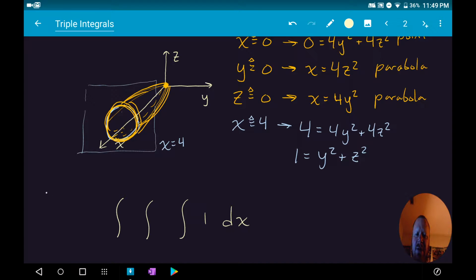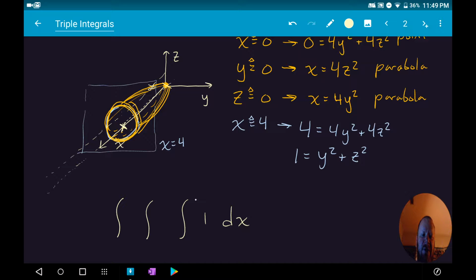And if I'm going through this from the positive x infinity, the first thing I hit is this plane, x equals 4. And then I hit this surface. So if I kind of take any of these lines, I hit the plane, and then I hit the surface as I go through there.